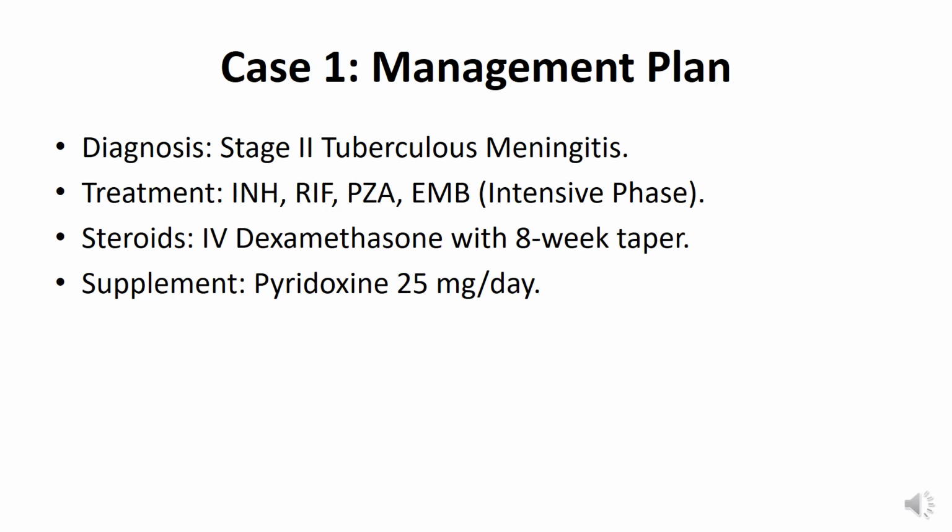Isoniazid is particularly valuable because it penetrates well into the central nervous system. Rifampicin provides powerful bactericidal activity. Pyrazinamide is effective in acidic environments where bacteria may be hiding. Ethambutol adds additional protection against resistance.